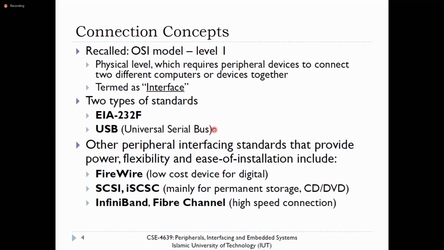Even in every device, every circuit or motherboard, we have an option of USB. Also we have some other peripheral interfacing standards that provide power, flexibility, and ease of installation, like FireWire, which we'll discuss today. You may have heard the names SCSI or Internet SCSI, and InfiniBand and Fibre Channel. These are used for communication or networking purposes for high-speed connection. And today our target is to study this.